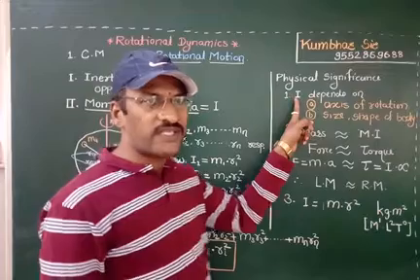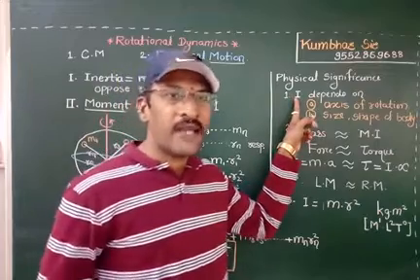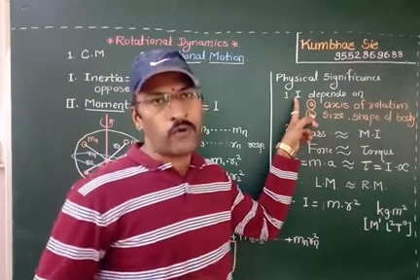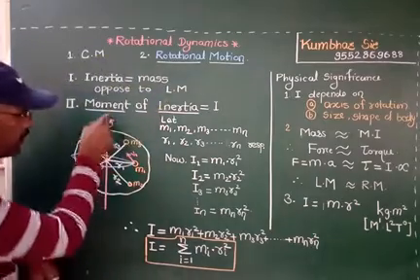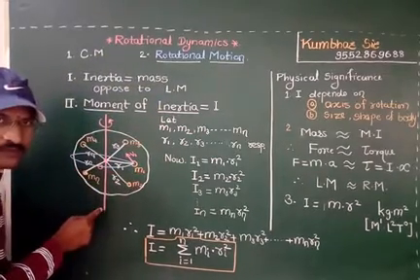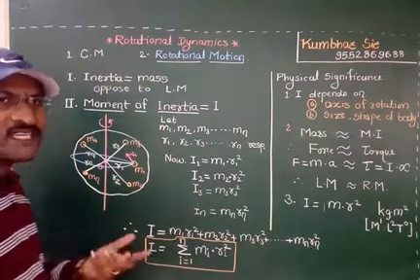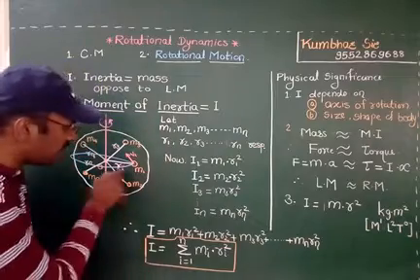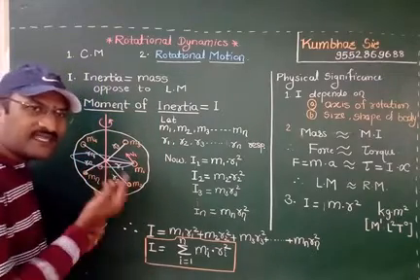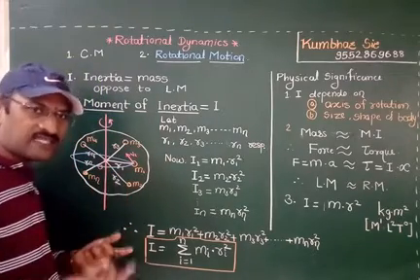This moment of inertia always depends on two quantities. One is the axis of rotation. As the axis of rotation changes, the moment of inertia changes, because the distance between the axis and the mass changes.